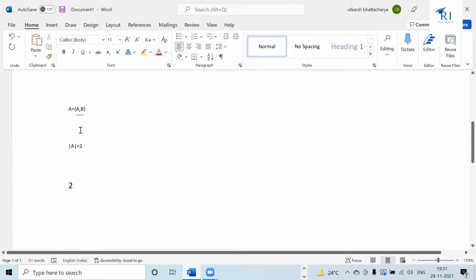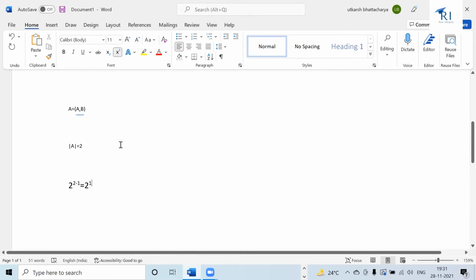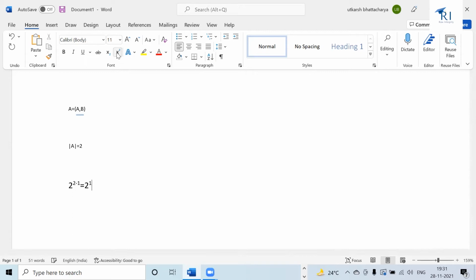Okay, so basically what she is saying is that this is a set A, it has 2 elements, A, B, and the cardinality of that set is 2. So the number of proper subsets it can have is 2 raised to the power 2 minus 1, which is 2 to the power 1, equal to 2.